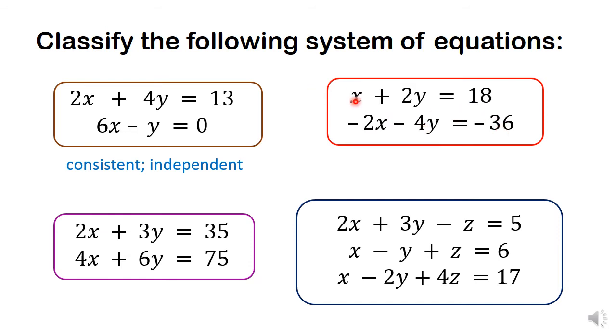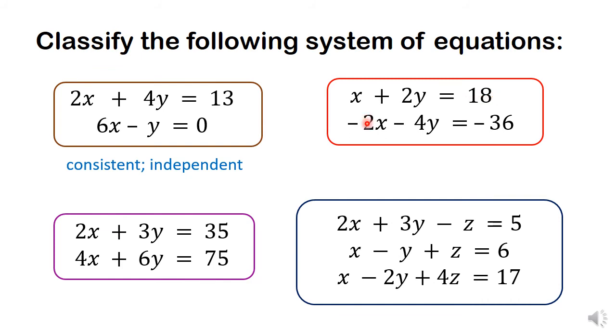So you notice the coefficients of x, y, and the constant were just multiplied by negative 2 to arrive at the coefficients of x and y as well as the constant of the second equation. Okay, so that means the values of x and y satisfying the first equation will be the same values of x and y satisfying the second equation kasi parang same lang sila. Notice that if we simplify the second equation by dividing both sides by negative 2, we just go back to the first equation.